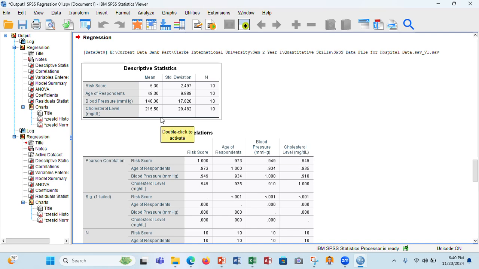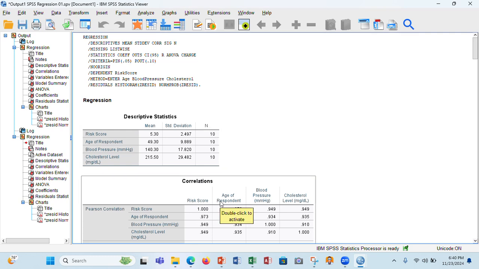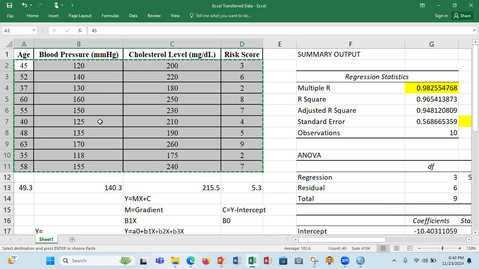Now we can see that our data has been displayed. Our descriptive statistics here show, for risk scores, the mean and standard deviation, and N, which is our sample size. Our sample size is 10 because we are looking at 10 respondents.